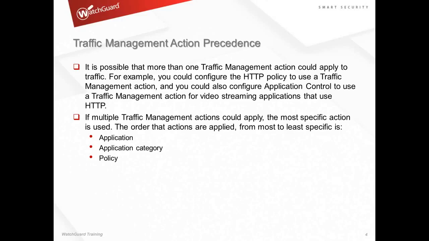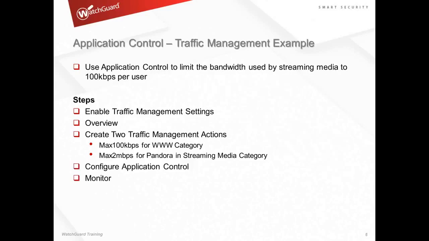As for how WatchGuard handles that, the actions are applied from most to least specific. We're going to look at individual applications first. If we don't have a policy for that, we look at the application categories, and then overall at the policy as well. That's how we handle priority on WatchGuard.